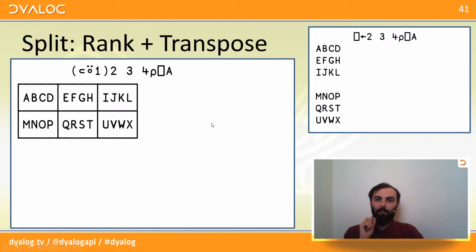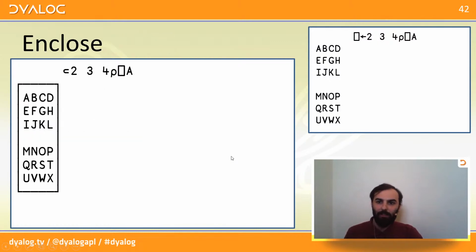Now, split can enclose vectors along a specified axis, but there's another primitive function that can enclose vectors, called enclose. And it has the added benefit that it's leading axis oriented. It encloses the whole array by default. So applications with rank allow you to specify subarrays in that consistent way.